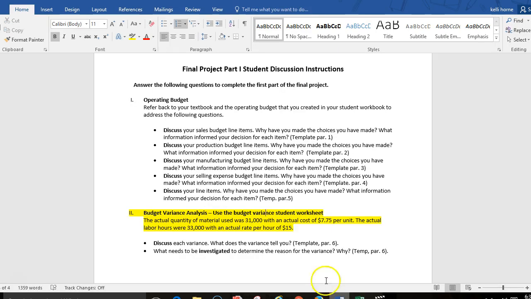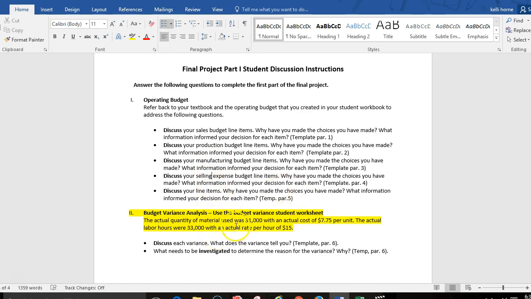If we look here at our instruction sheet, you go through and you do the budget, and then you have the template that I gave you, the Word document, the red and white thing that I'm sure you've looked at by now, where you discuss each of the budgets, your sales budget, your production budget, your manufacturing budget, your selling budget, and all.